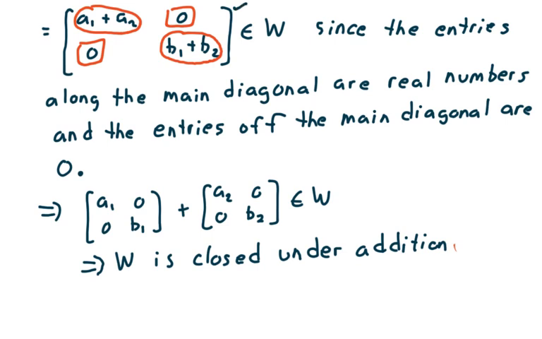It's because the entries along the main diagonal are real numbers and the entries off the main diagonal are 0. So notice A1 plus A2 and B1 plus B2 are real numbers, and those are the entries along the main diagonal. The entries off the main diagonal are zeros. And so therefore, the sum belongs to W, and we can say W is closed under addition.